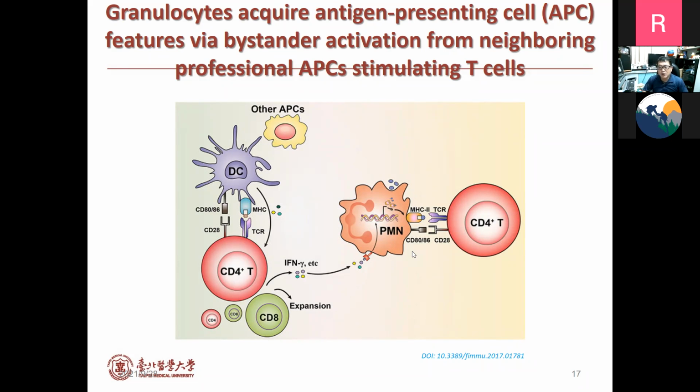Eventually they transport those fragments onto the receptors I just mentioned at the beginning of class, MHC class 1 and MHC class 2. Then they present this antigen and tell my friends, especially T cells, that I found the pathogen around me, around my tissue. So you have to come over here to support me, help me to fight it.